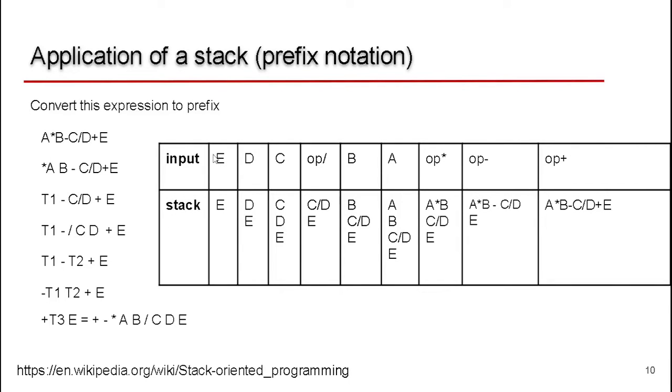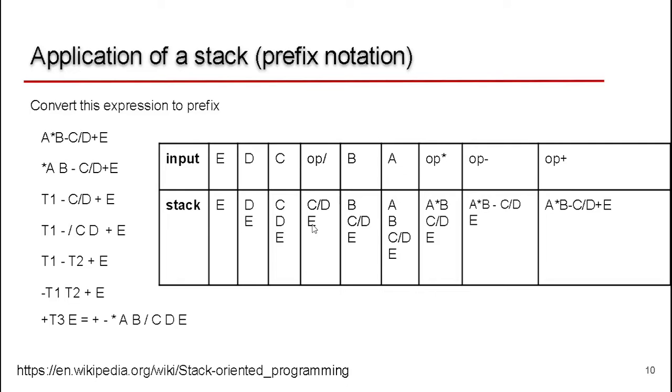We entered E first, the stack has E, then D, then C. And then we have the operation division. Division takes two operands, so we make the division as a result and store it: C divided by D, and then E.